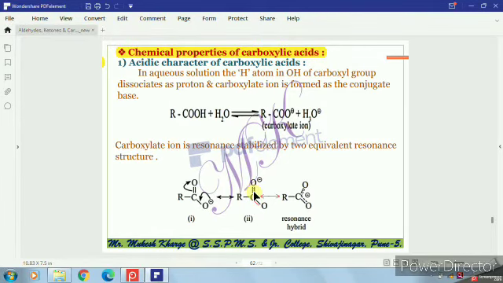So here we have to form a single bond with oxygen. This is a single bond and this is a double bond.